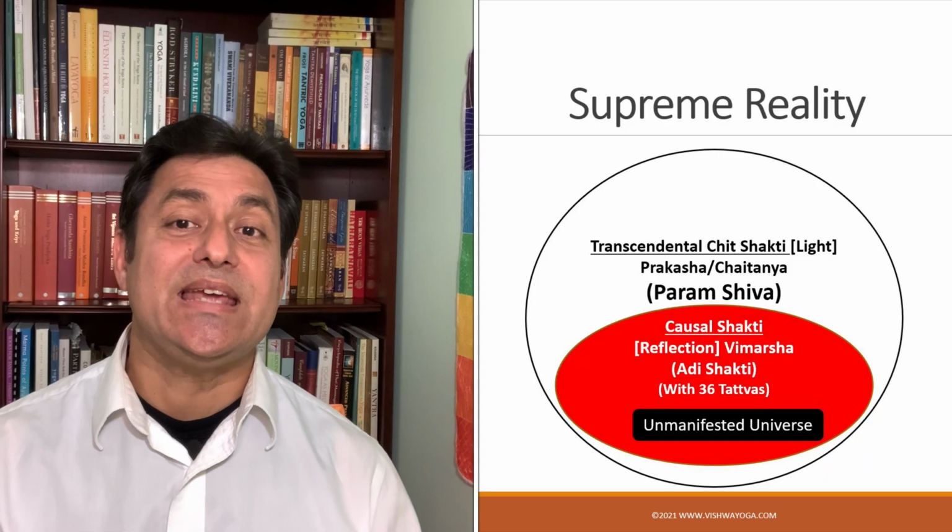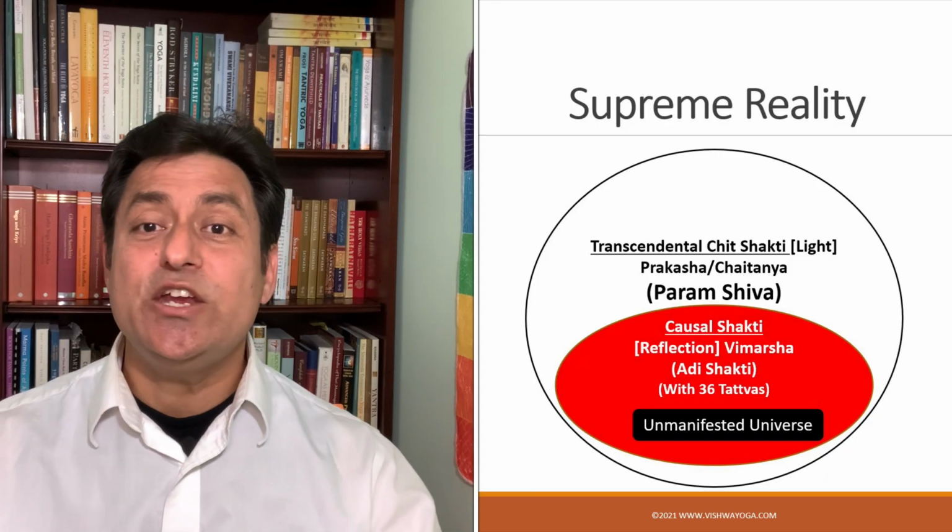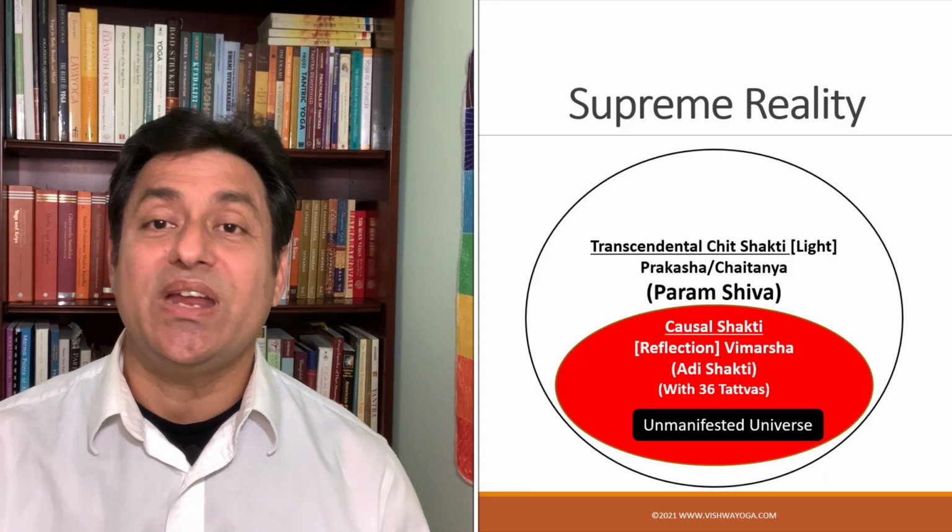In Advaita Vedanta, the equivalent of Vimarsha is called Maya Shakti, which is considered as unreal and illusions. But in Tantra, Vimarsha Shakti is real and power of Brahman. But in the unmanifested, non-dual state, here Shakti stays latent or introverted as potential.